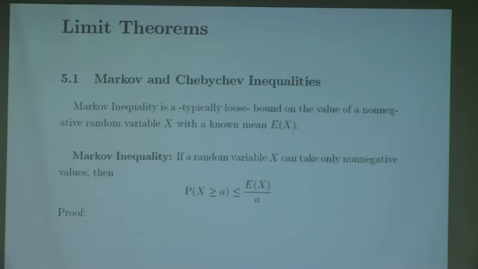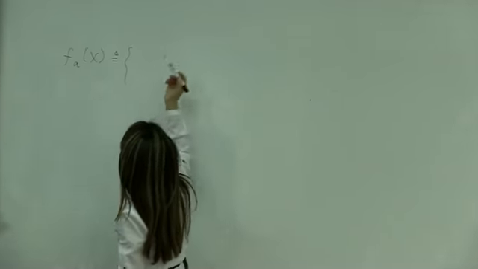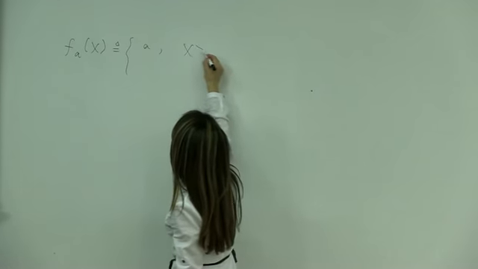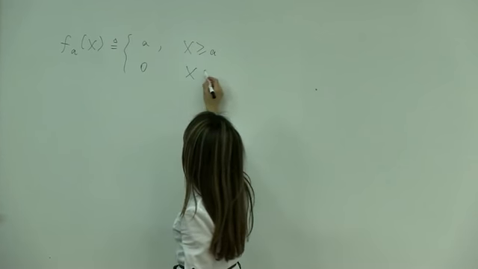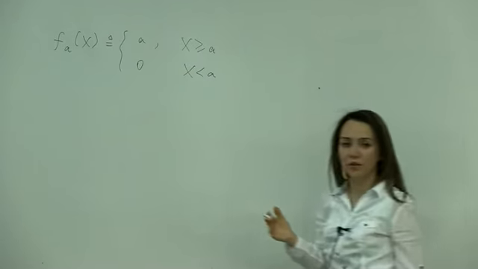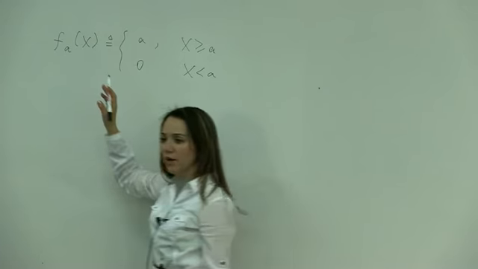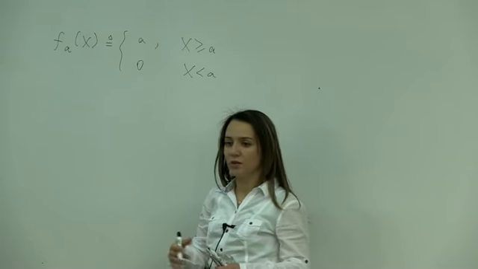Let's quickly prove this. Here's what we can do. Define g of x as being equal to a if x is bigger than or equal to a, and 0 if x is less than a. So what did I do? I defined a function of the random variable x that just sets it to two values.